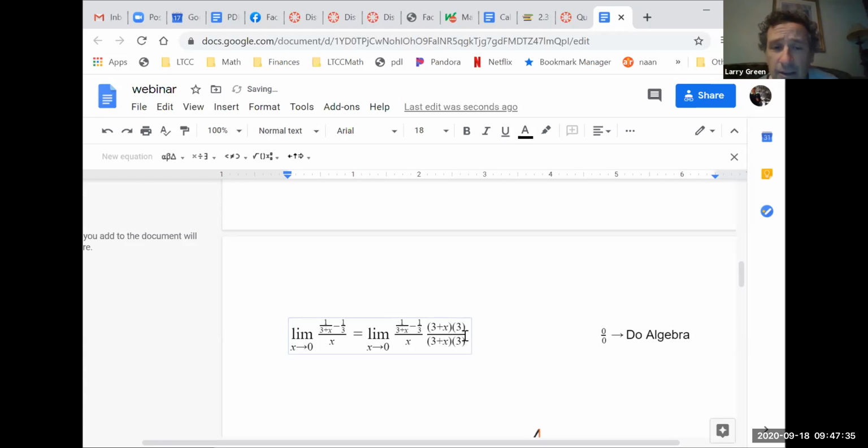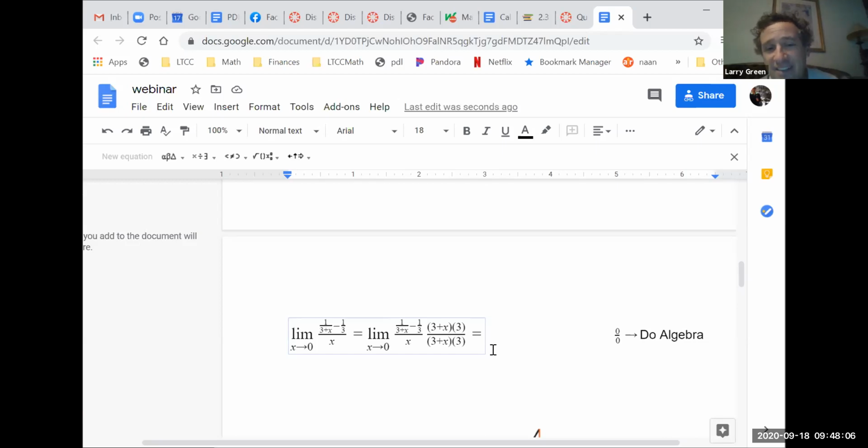Okay, I want to give you a word of advice for calculus. When we're doing this multiplying by the common denominator, or anything actually, don't try to multiply the denominator through. Just leave the denominator as is. Work on the numerator only. You can multiply x times 3 plus x times 3. It's not wrong, but it'll be a big headache for you, and all of a sudden you won't know what to do after that.